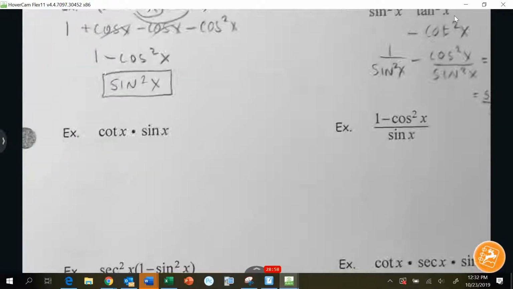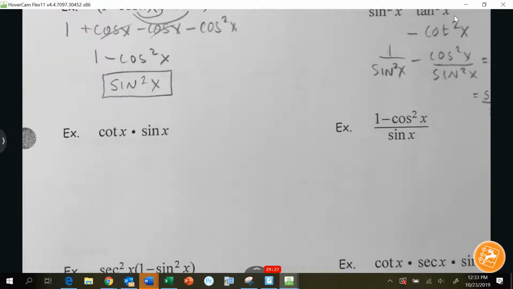How about cotangent x times sine x? What can we do? We're going to simplify this. Matthew, you got an idea? Is there anything equal to anything else up here?